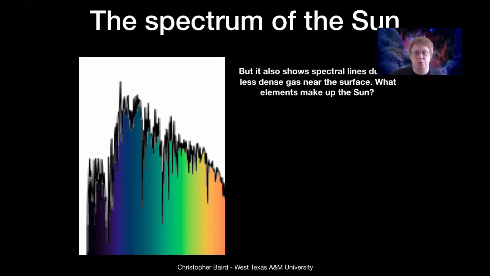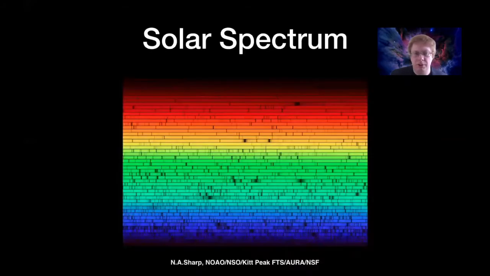We see them in reverse here because the sun is hotter on the inside, which causes the denser overall black body shape, and these diffuse gas particles on the outside are blocking that light, essentially with the same process as we had for those spectral lines and energy level transitions in the atom. So we have the fingerprints of the elements to see what's in the sun. So let's take a look and figure out what's there.